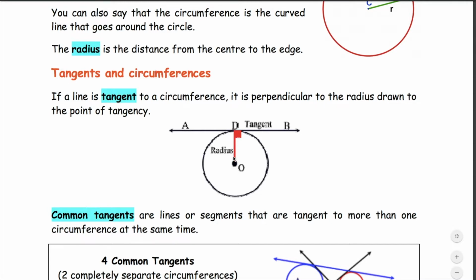This red line is the radius, and line AB is tangent to the circumference, which means that it goes through one point, point D, on the circle. So tangent AB is perpendicular to the radius. Remember, perpendicular means that the two lines form a 90-degree angle, a right angle.